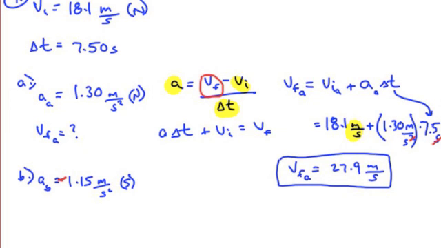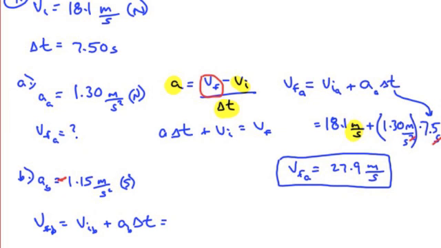We're going to solve for velocity final B, and that is velocity initial B, which I believe is the same as in A, plus the acceleration in B times the change in time.